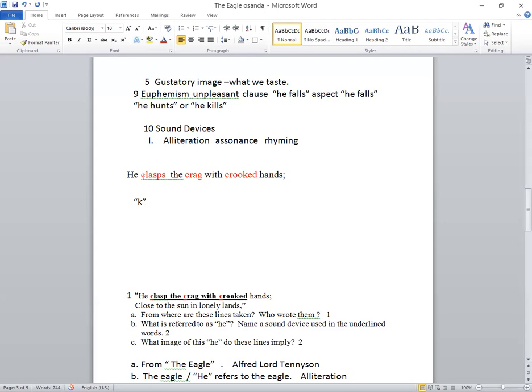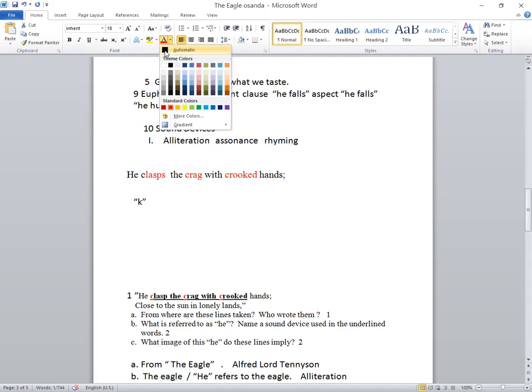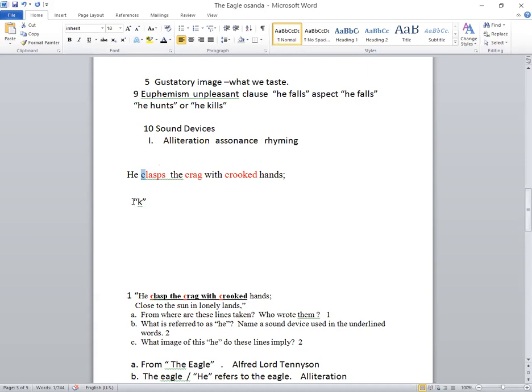Now, this letter is C, but it has the sound K. This letter is C, yet it has the sound K. This is called alliteration.